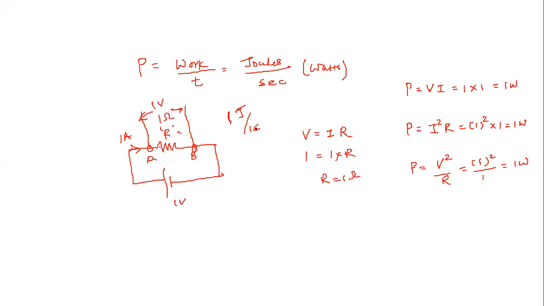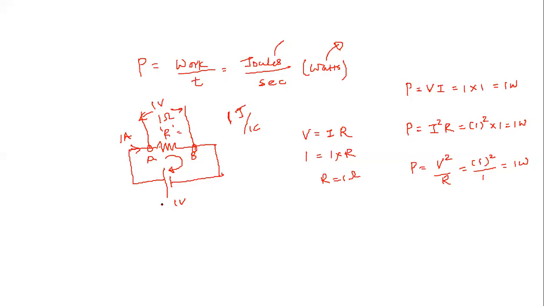That is, 1 coulomb of charge gives away 1 joule of energy, because it has to overcome this resistance. And then the battery refreshes those charges, and the current keeps flowing through this. So basically I wanted to discuss that the unit of power is watts, and another unit of power is joules per second.